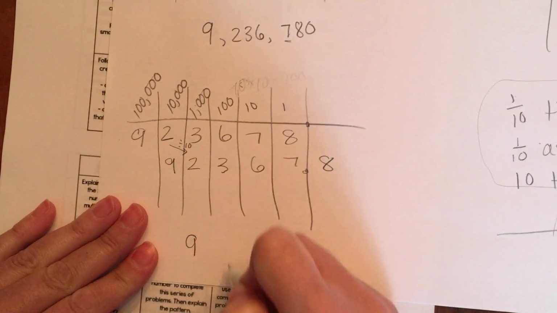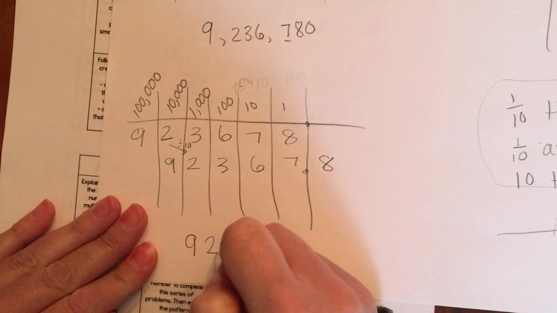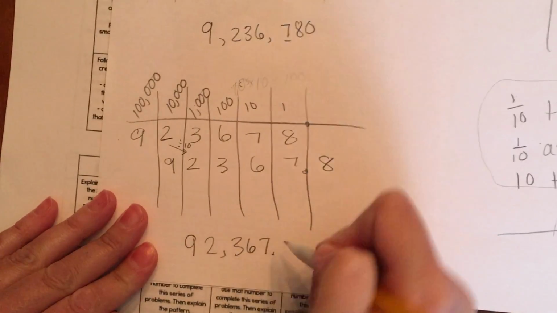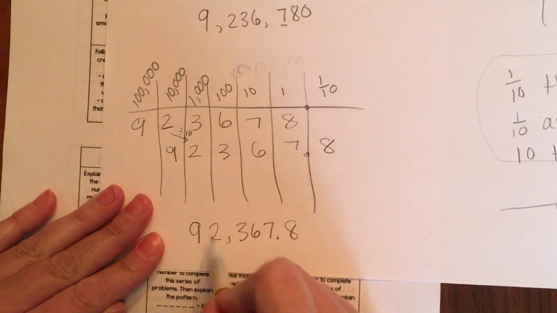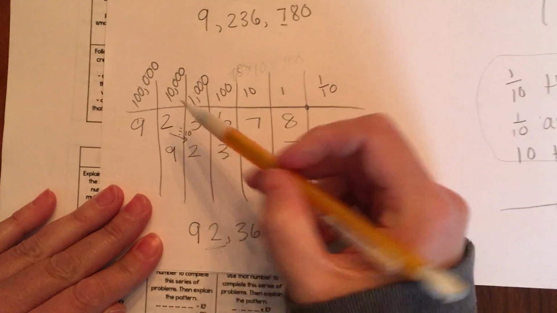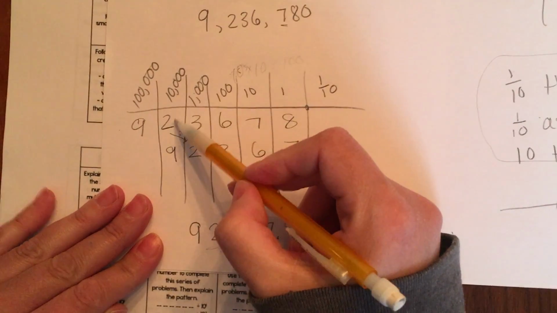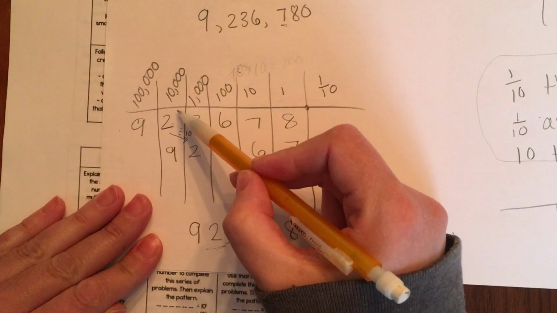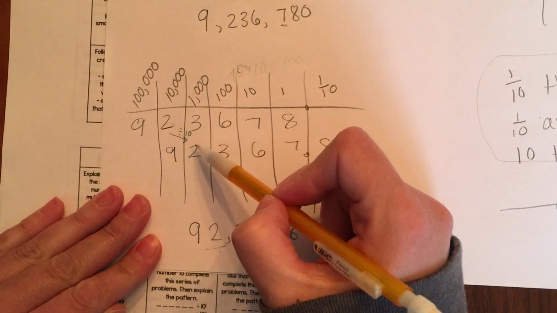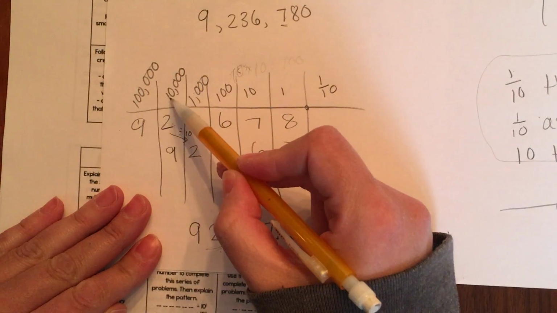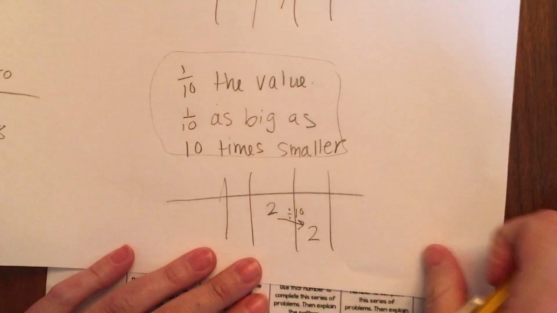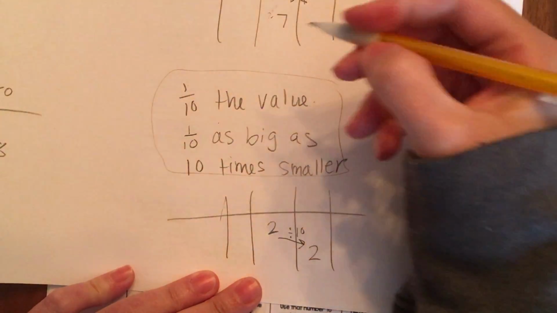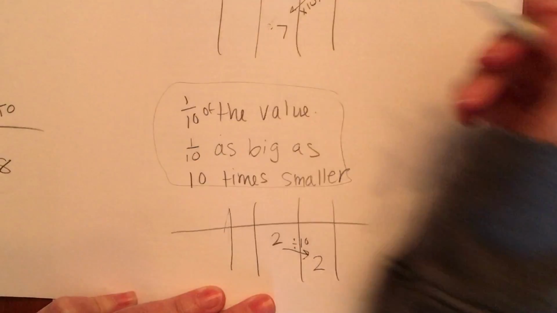So now this number here, which is 92,367 and 8/10, because that's our tenths place, has a 2 that's 1/10 of the 2 that was in the 10,000s place. So now when we moved our 2 to the thousands place, that's 1/10 of the value of this 2. Now, again, to go back to this idea, divide by 10 and 1/10 the value. That's the same thing as 1/10 of the value.